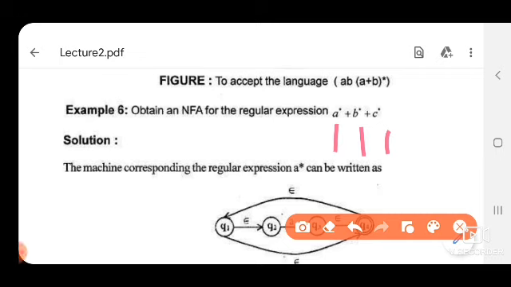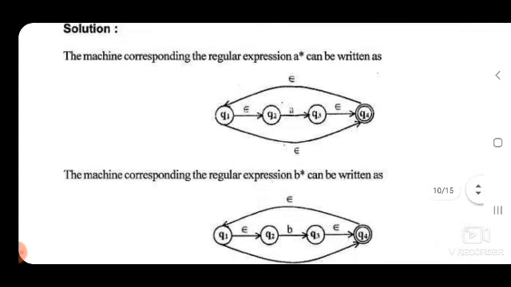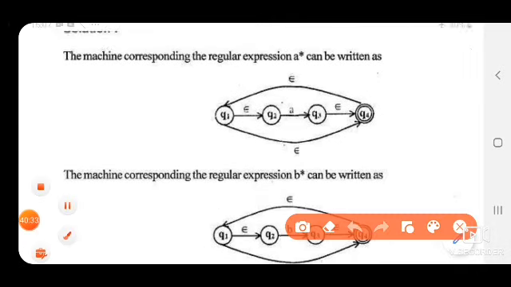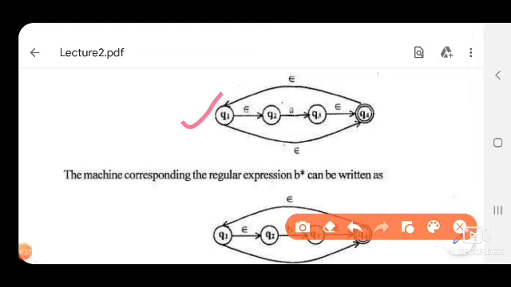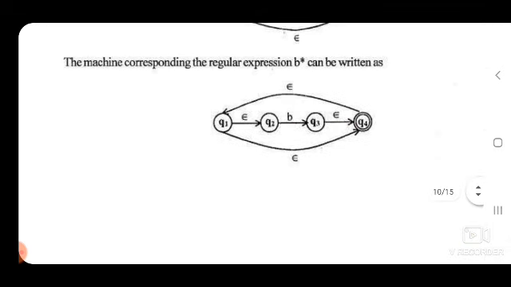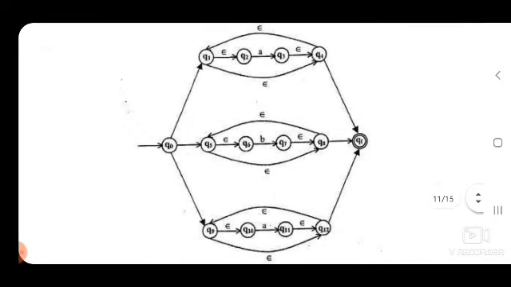So, first we have to draw the figure for A asterisk, then B asterisk and C asterisk, and combine them as a union. This example is for A asterisk, this is for B asterisk and this is for C asterisk. And combine all these three.